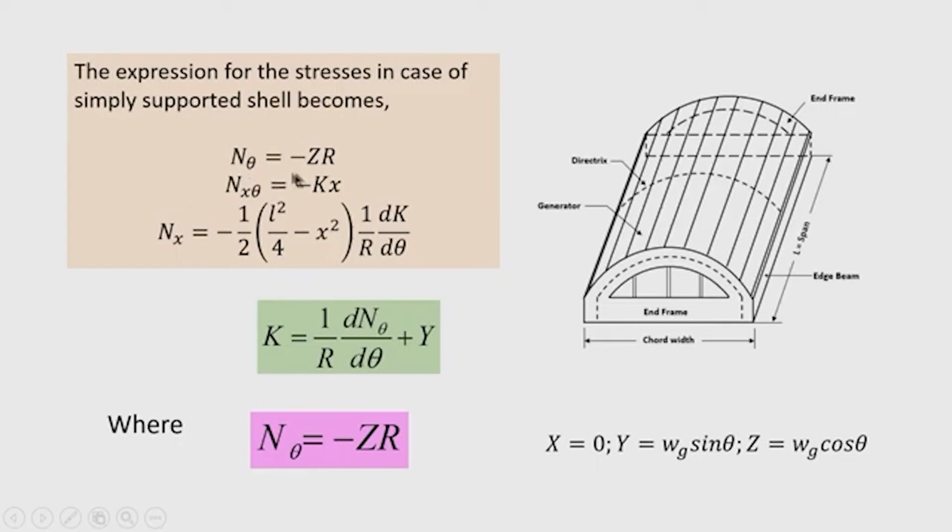So, N theta is equal to minus Z r, where r is the radius of curvature at any point, that point is located by the distance x and the angle theta measured from the vertical axis passing through the center, and k is a constant, given by 1 by r d N theta by d theta plus Y. Y is the component of the load along the tangential direction to the meridian.